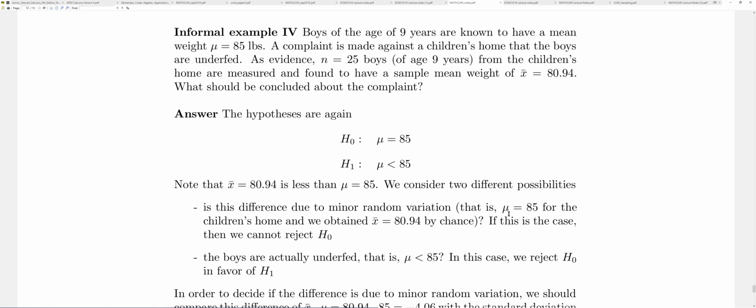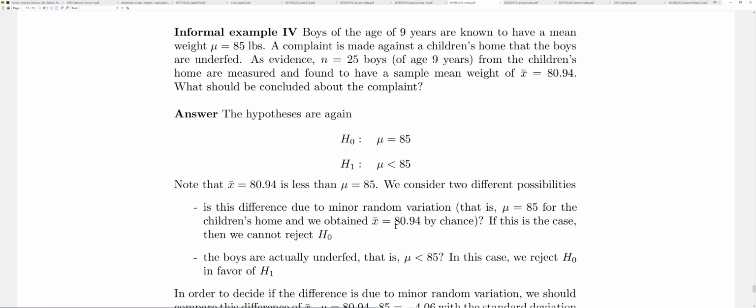More formally, when you have H0 here, you're assuming that mu is equal to 85. So if we assume that mu is equal to 85, is it possible to get 80.94 by chance? If it's possible to get this 80.94 by chance, then you wouldn't be able to reject H0.